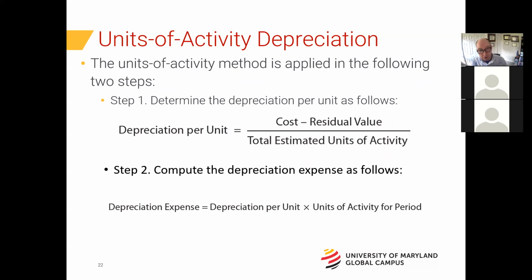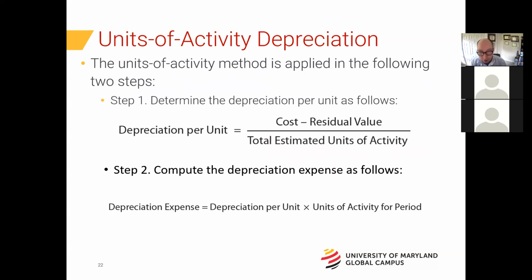There are two primary steps to calculating units of production. The first is we take the initial cost of the asset minus residual value, divided by the total estimated units of activity. Step two, we take the depreciation per unit from step one and multiply it by the activity per period, so per year.